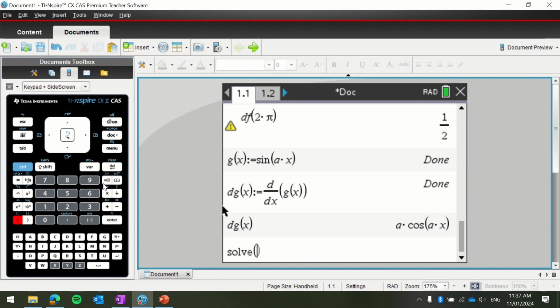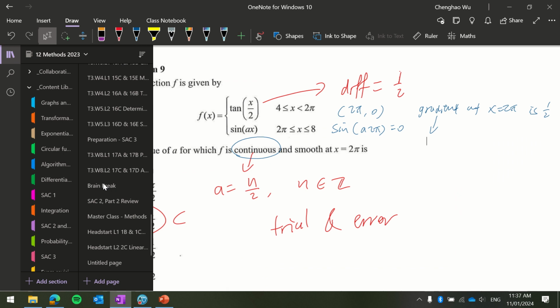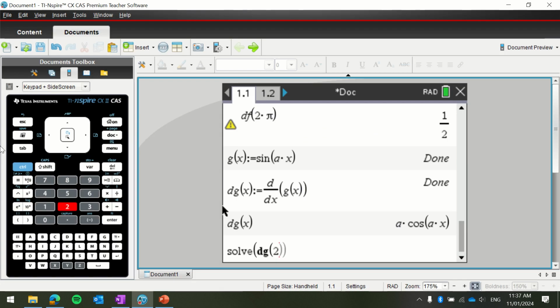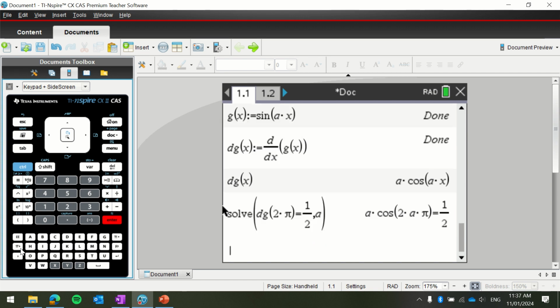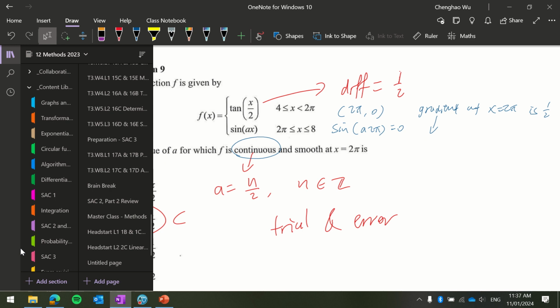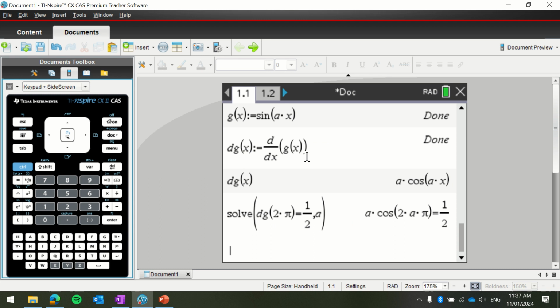And so I need the derivative of the second function when x equals 2 pi to be half, and I'm solving for a. As you can see, it doesn't really give me an answer. I'm solving the derivative of the second part of the function, the sine function, when x equals 2 pi. I need that to be half, but that's not giving me much.